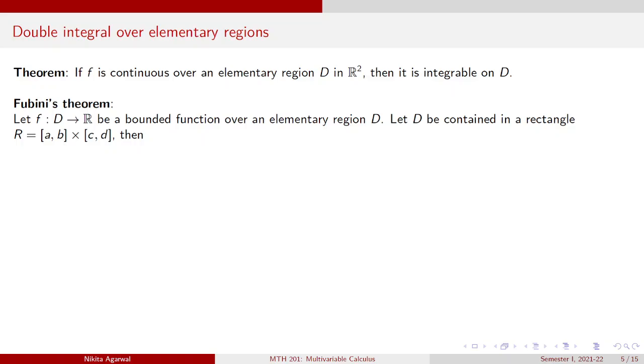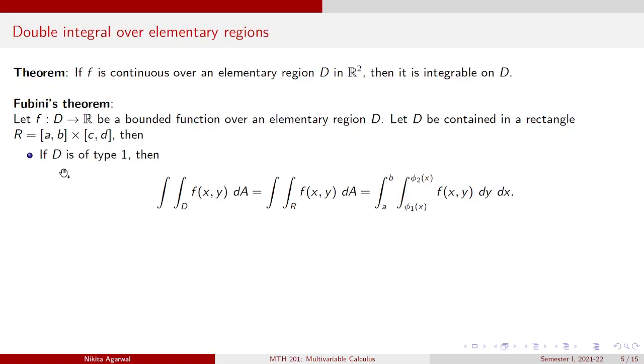Now we are going to talk about Fubini's theorem for a function which is defined on an elementary region, right? So let f from D to R be a bounded function over an elementary region D. Does it matter whether it's of type 1, type 2 or type 3? And let D be contained in some rectangle, okay, which is R equal to [a, b] cross [c, d].